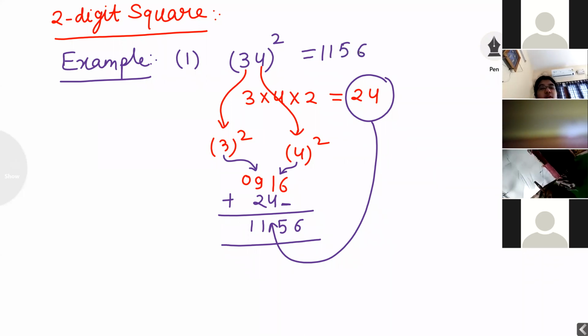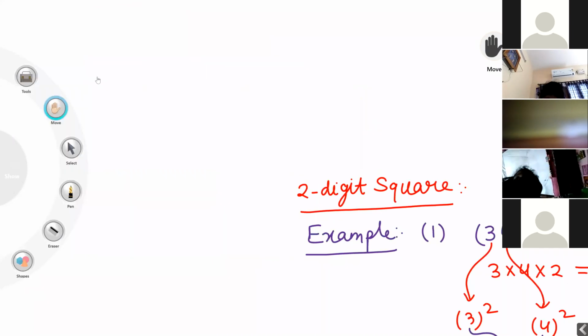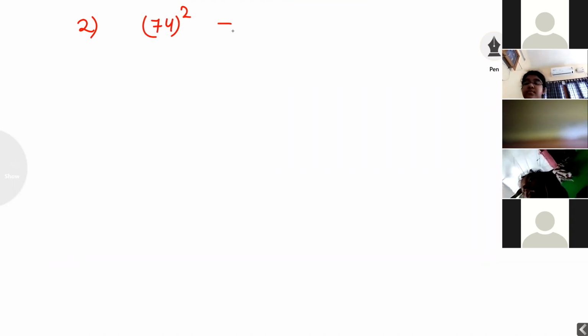Second example I am taking, listen carefully everyone, don't write anything. Second example: 74 whole square. I want to find out 74 whole square. What is our first step?